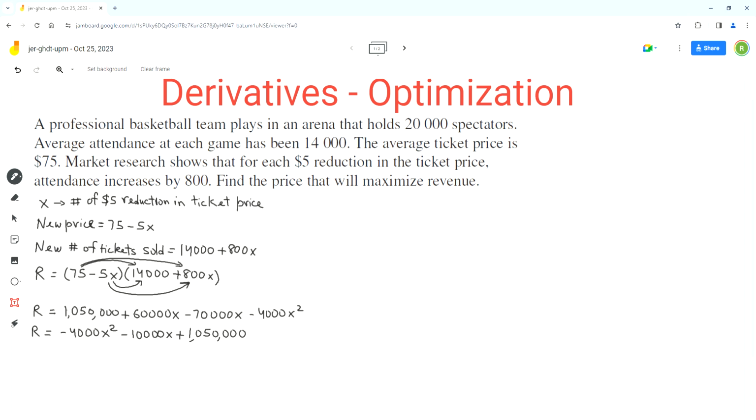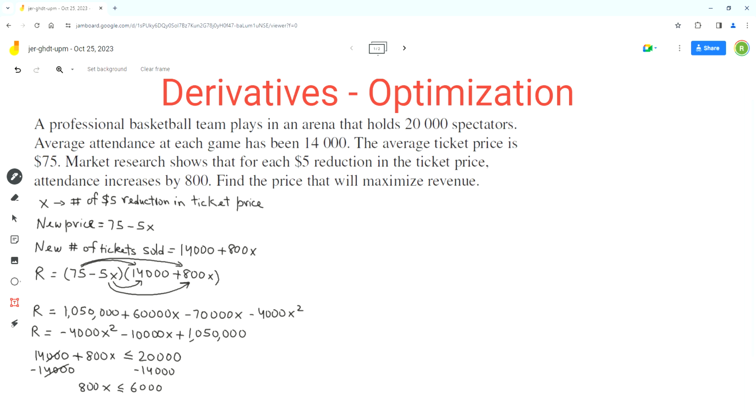So 14,000 plus 800x should be less than or equal to 20,000, because that's the arena capacity. Now we have to solve for x. First step is to subtract 14,000 from both sides. So 14,000 on the left side will cancel each other out and we get 800x is less than or equal to 6,000.